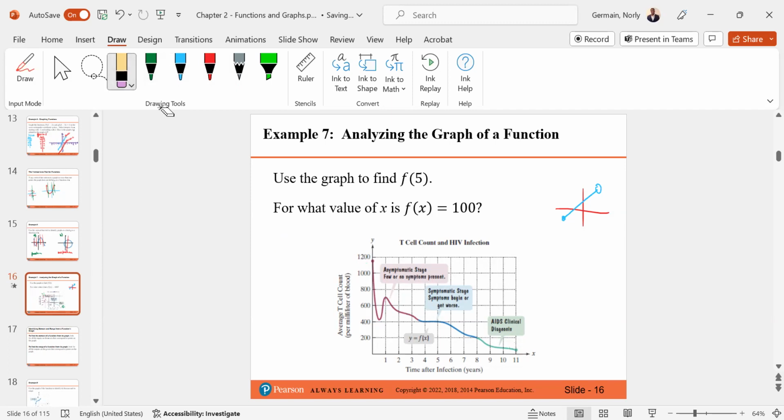The question says find f of 5. First of all, on the x-axis, you need to identify x equal 5. That means for what value of x, all right, f of 5. So that's what you need to do.